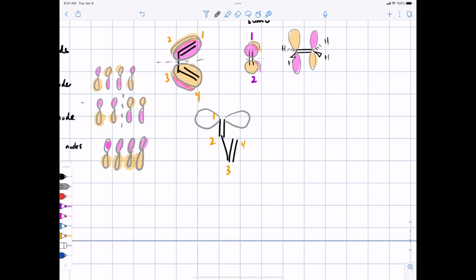So I'm going to draw the LUMO of this molecule. That's terrible, isn't it? I still don't care. All right, so we've got the node in between carbons 2 and 4.